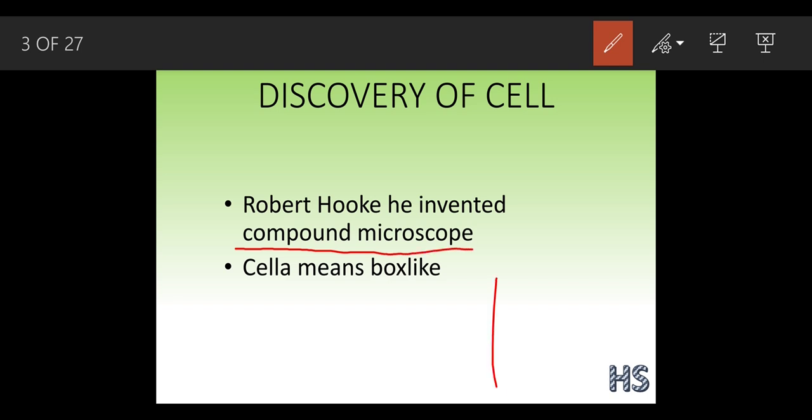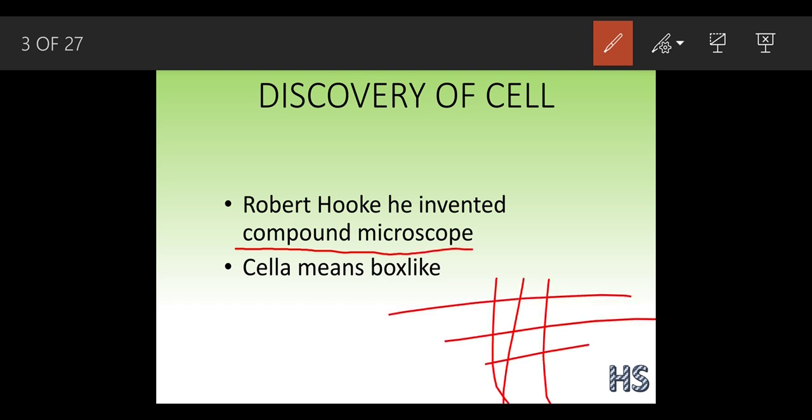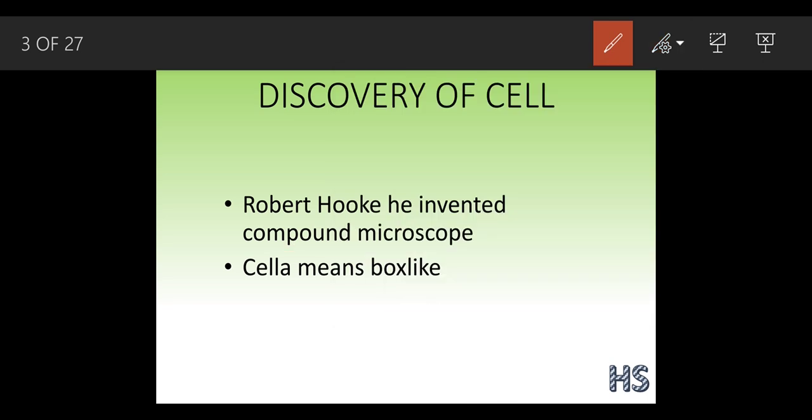So you have seen this kind of structure. See, we can see the formation of boxes. So he said that every living organism has these cells. He named it cella.